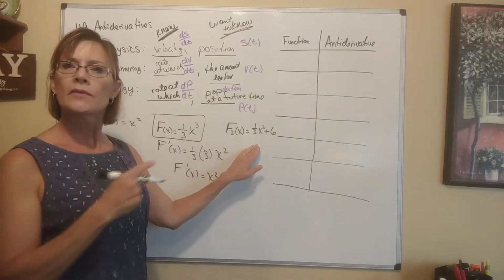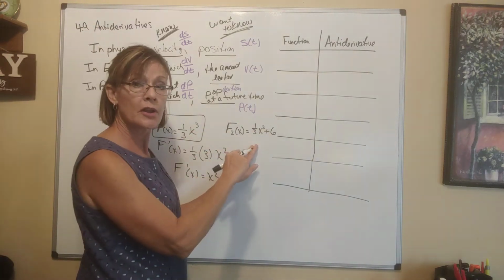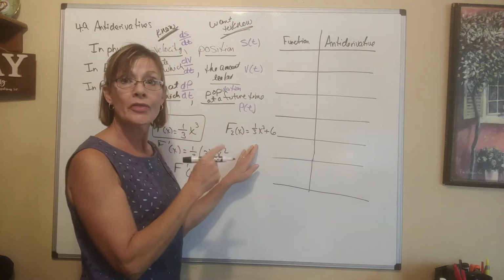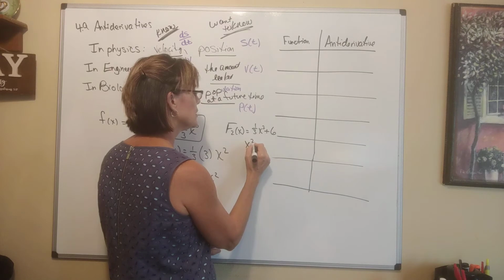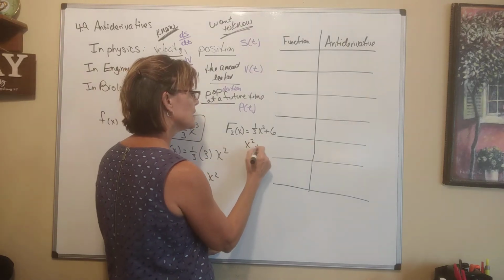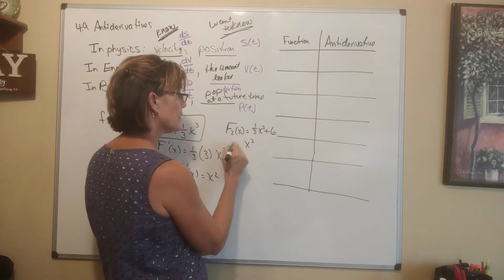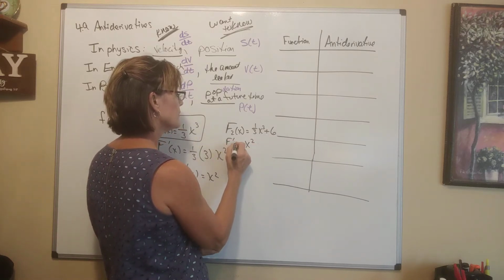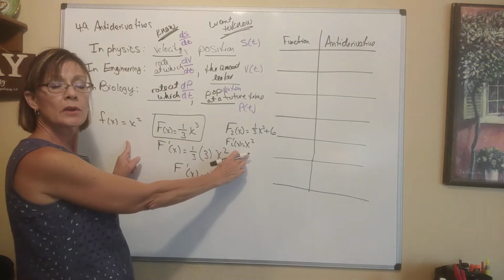Let's take the derivative. We throw the 3 in front, 3 times 1/3 is 1, x to the 3 minus 1 is 2, and the derivative of 6 is 0. So when we take the derivative, f prime of x, we get x squared again. So that is another one we could find.